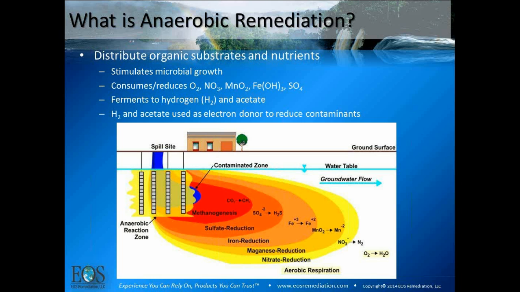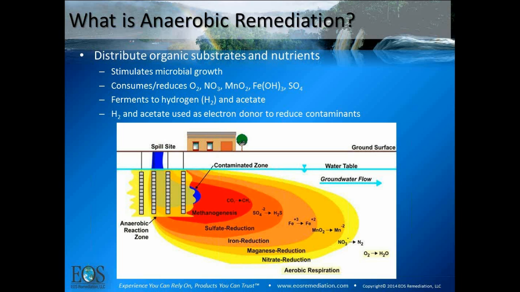This electron donor first consumes or reduces the natural electron acceptors like oxygen, nitrates, manganese, iron, or sulfate. And then it ferments to hydrogen and acetate. This hydrogen and acetate produced is used as an electron donor to reduce contaminants like chlorinated solvents or perchlorate.